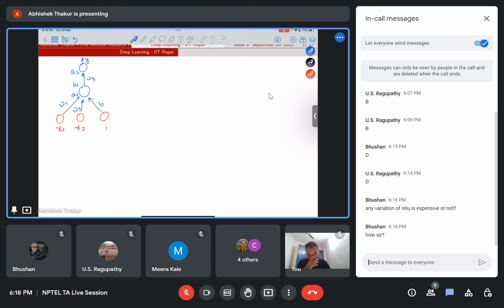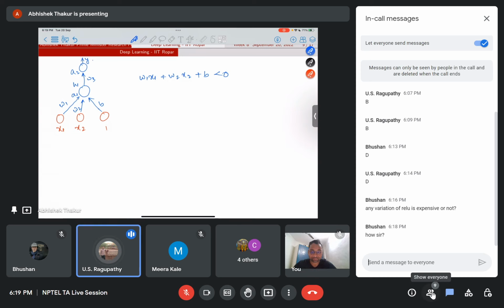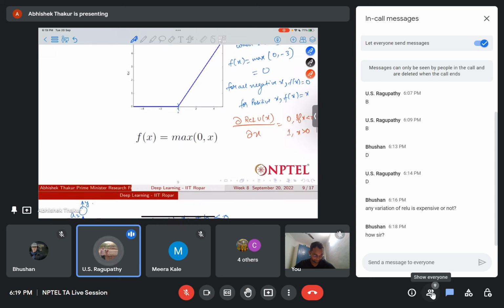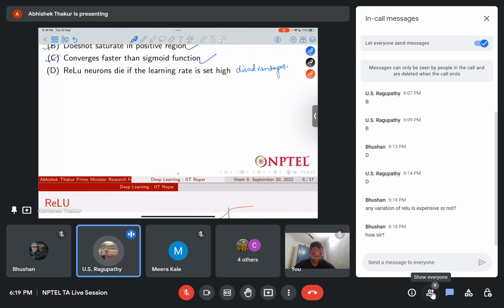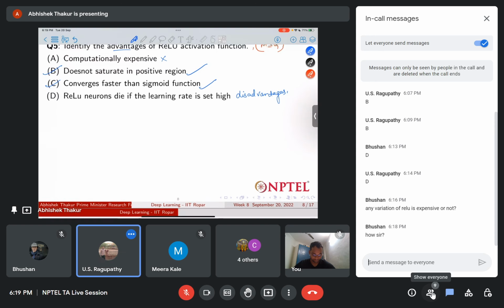So what happens? You can see here w1 x1 plus w2 x2 plus b. When the learning rate is high, the network output will be closer to zero.